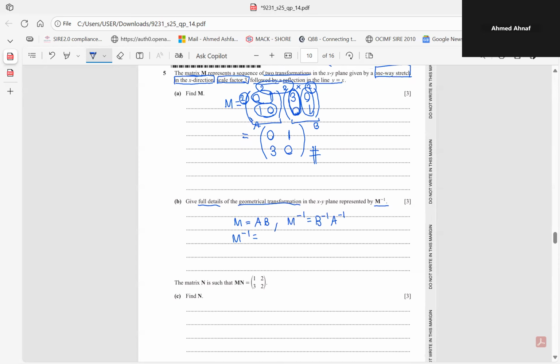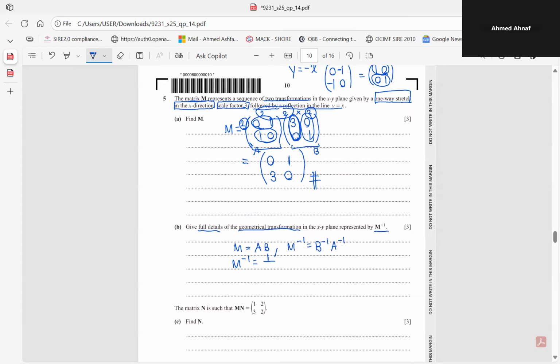Okay, so let's find M inverse by finding B inverse first. To find B inverse, you take 1 divided by the determinant of B, which is just the product of the diagonals. So you take the first diagonal, 3 times 1, that's 3, and then you minus the second diagonal, 0. So that's just 1 over 3 times, you swap these two. So this is 1, 3, and then you multiply by negative 1 for the other diagonal.